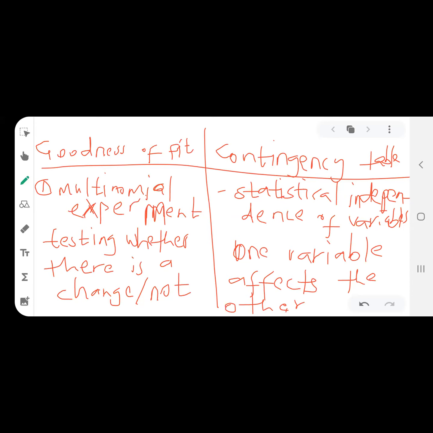Under the goodness of fit, we are testing whether there is a change or not. A change is the same as a difference, and I will use a practical example so you can see what I mean. The contingency table is used to test for statistical independence of variables, wherein we are asking, does one variable affect the outcome of the other? You will understand more when we expatiate on this. Does it make sense so far? Can I move on to the second condition? Yes. Okay.